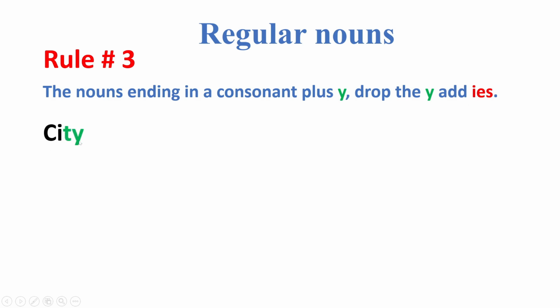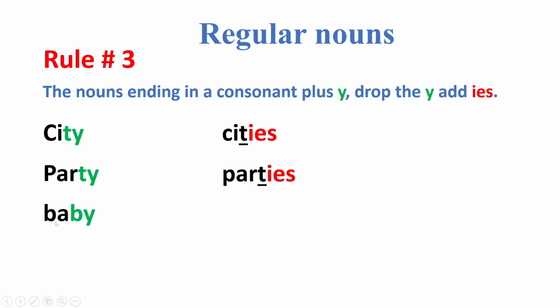City, you see it ends in y and before y there is letter t, which is a consonant. So we drop the y and add ies, cities. The next example, party, parties, baby, babies, lady, ladies. You see, in all these examples, we have a consonant plus y. So we drop the y and add ies.